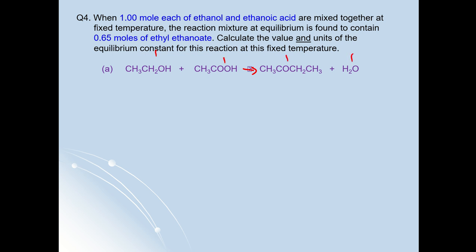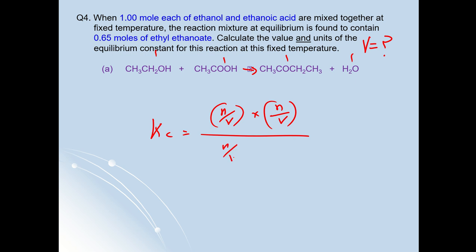But if you are on the ball, you may notice that there is no volume given. Right, so we do not actually need the volume in this instance. And I'll show you as we go through it why we don't, but the simple fact of the matter is, if I write out my Kc, Kc is equal to the concentration of each, which is moles over volume, multiplied by moles over volume for the top line.